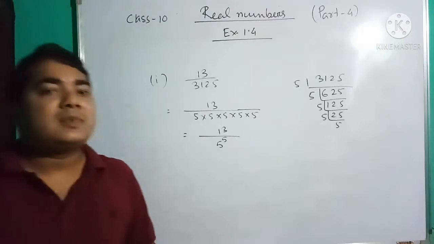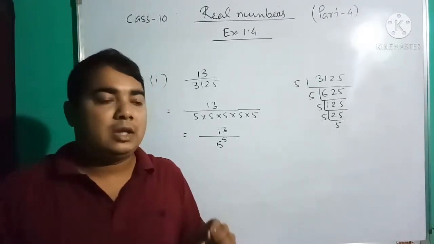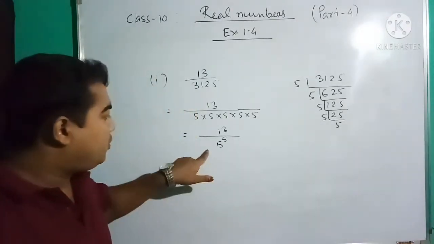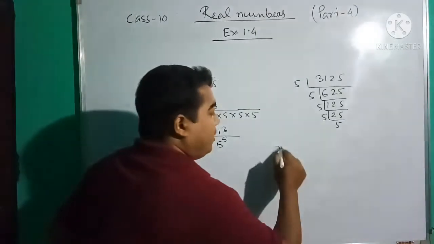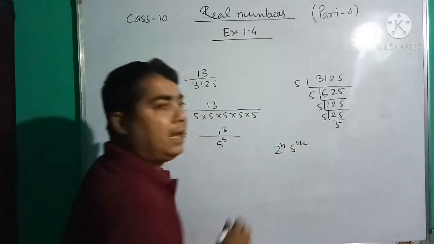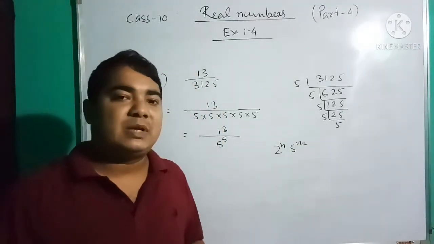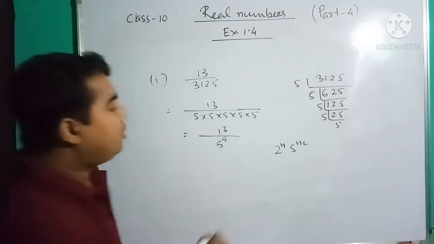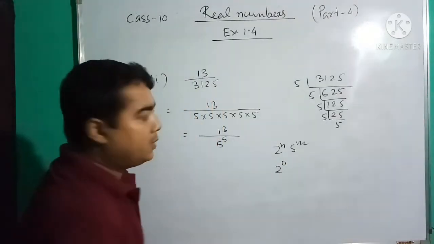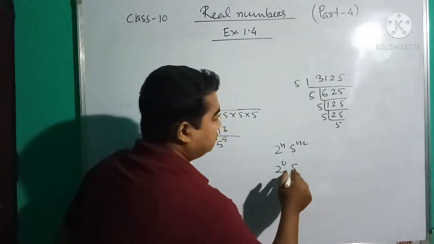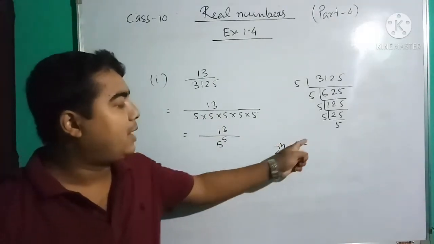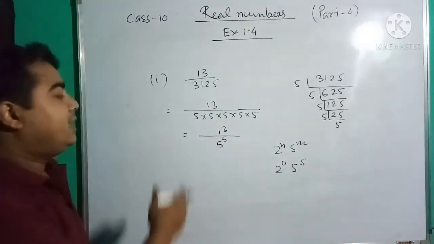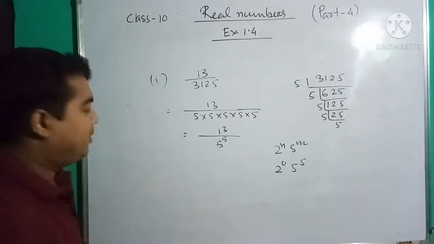Already I said if q is in the form 2 to the power n and 5 to the power m, then its decimal expansion is terminating. Here 2 has power 0 and 5 to the power 5, so it is in the form 2 to the power n into 5 to the power m, and its decimal expansion is terminating.